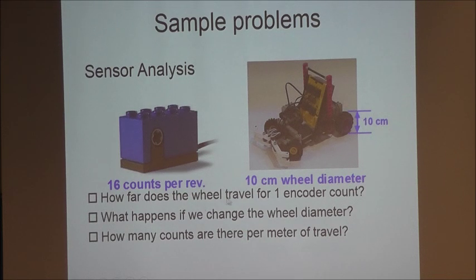How far does the wheel travel for one encoder count? That's one question you could ask. What happens if we change the wheel diameter? If we increase or decrease that, what happens? How many counts are there per meter of travel, or 1 meter of travel?